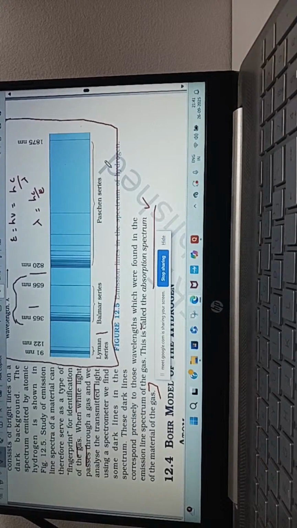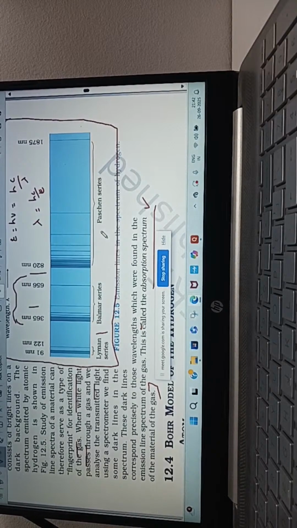If you look in the spectrum, from red light to violet light, certain dark lines are observed. Those dark lines show the atomic structure, the elements hydrogen and helium. So that concludes that most of the stars have hydrogen and helium.